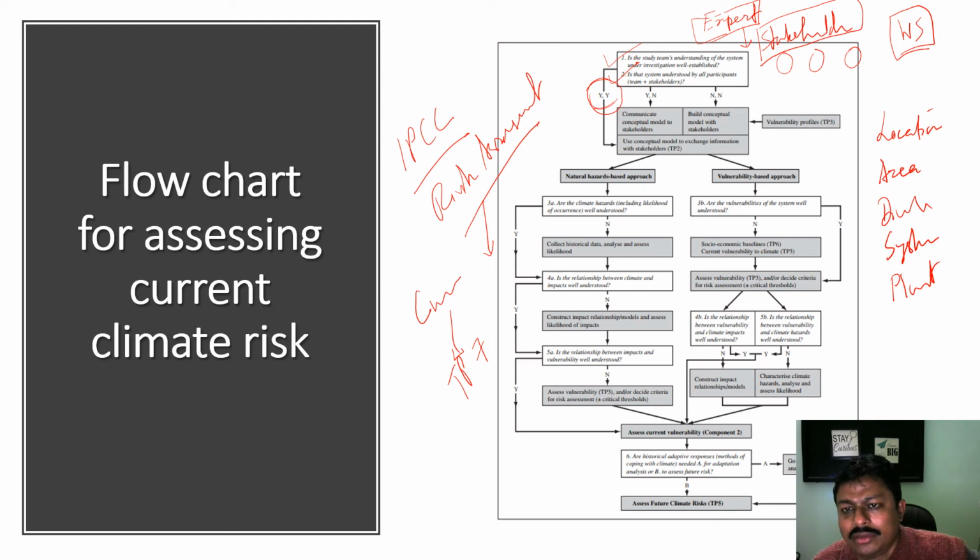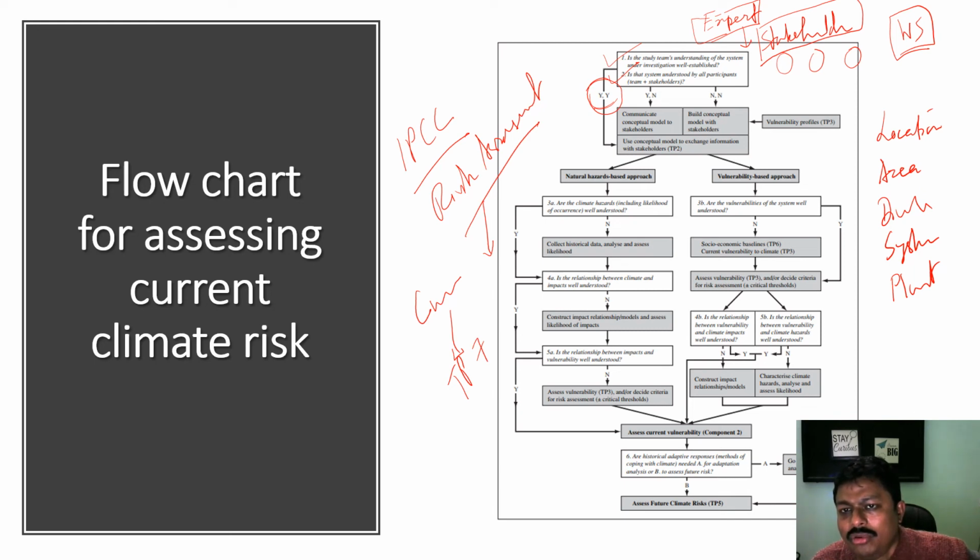Then you use some conceptual models to exchange information with the stakeholders. Right? If not, then we have to communicate with that group. If stakeholders don't understand the system, then you communicate with the stakeholders and educate them. If experts are not confident with the system, then you have to communicate with the experts to educate them about that system.